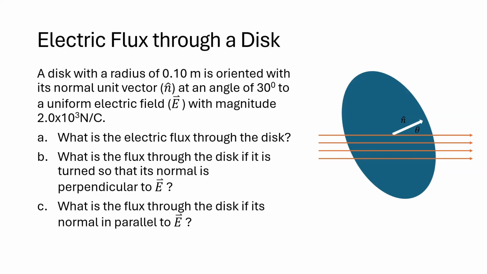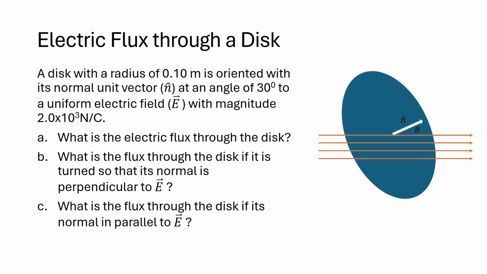All right. Now in letter C, what if we reorient the disk so that the normal of the disk is parallel with the electric field lines? In other words, if the normal line of the disk is parallel with the electric field lines, the surface area of the disk is perpendicular to the direction of the electric field lines.